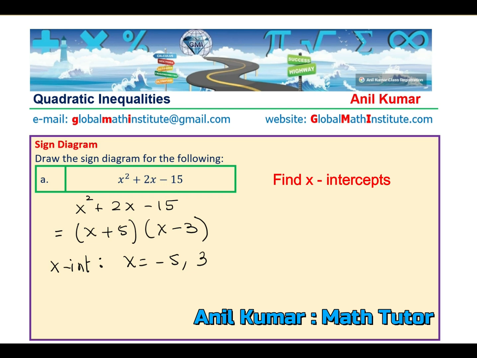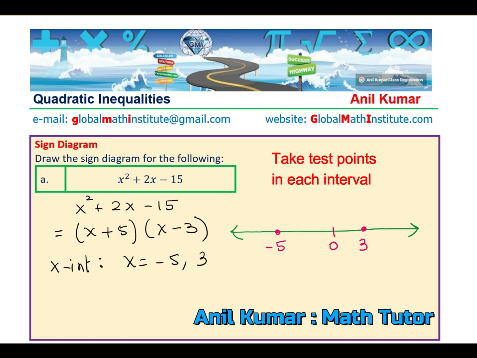A sign diagram really means that on a number line, we'll plot the zeros. Let's say this is -5 for us, here we have 0, and on the right side, we have 3. Now, in each interval, we should take some convenient points to figure out whether the value of the function is positive or negative, correct?